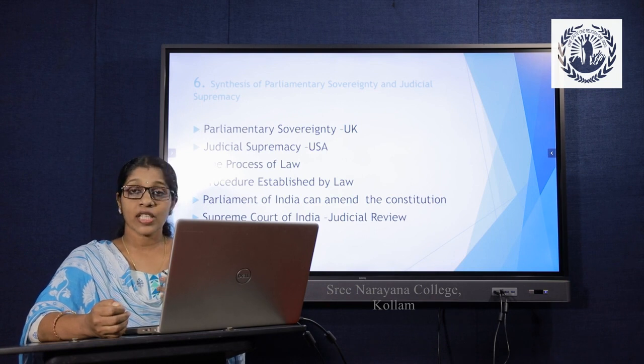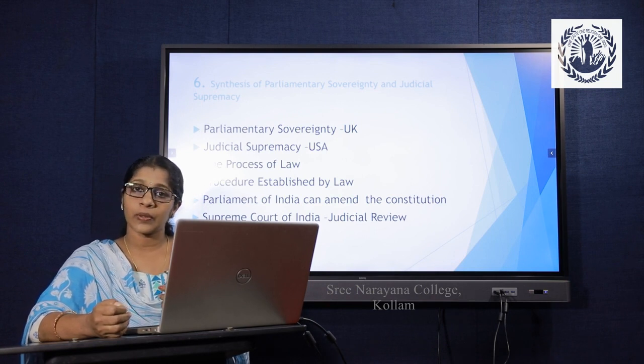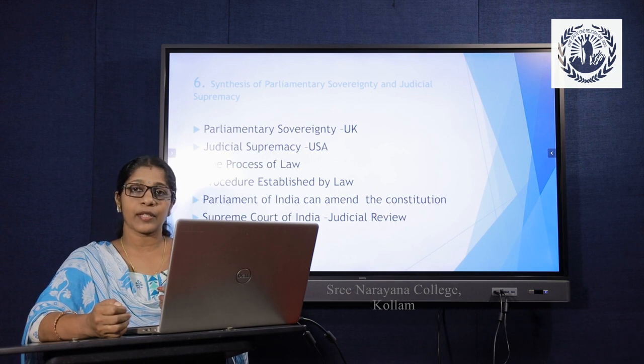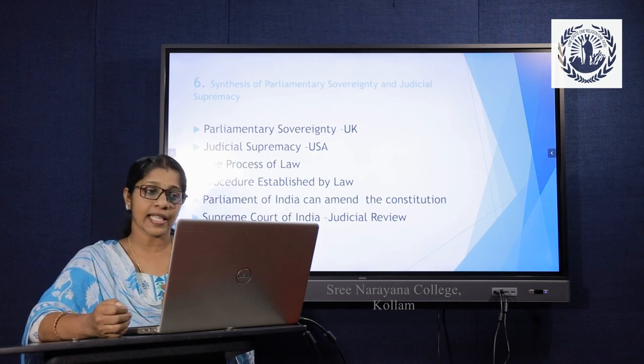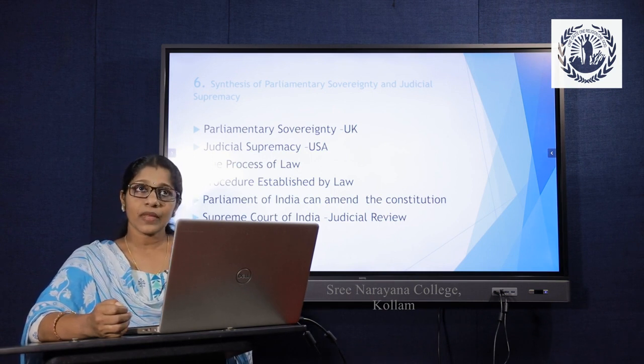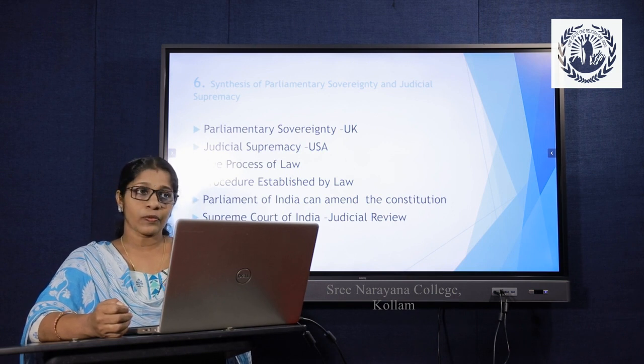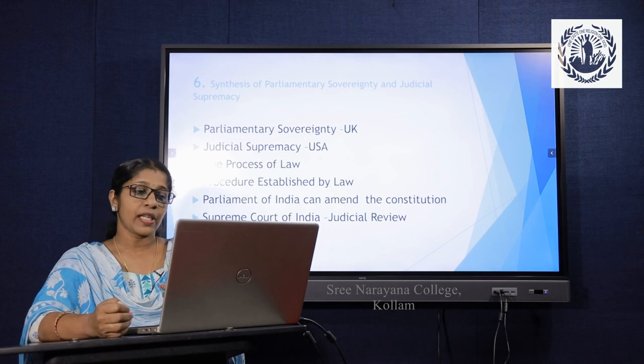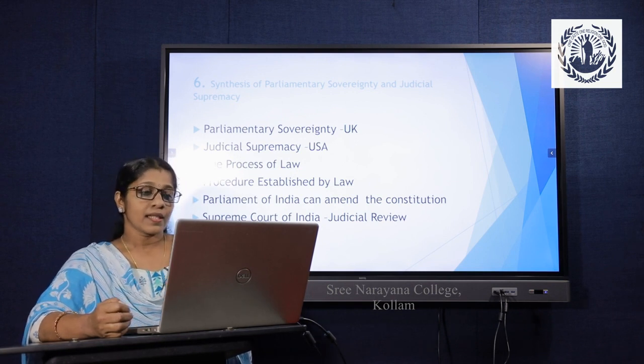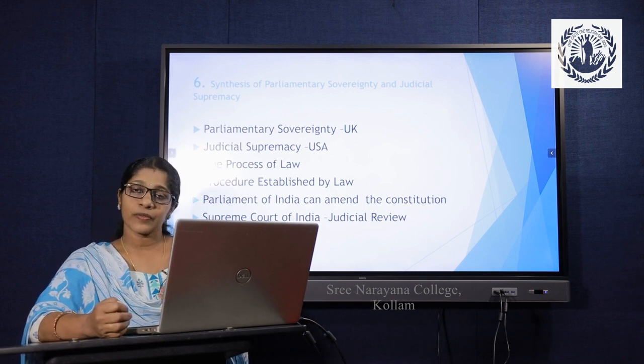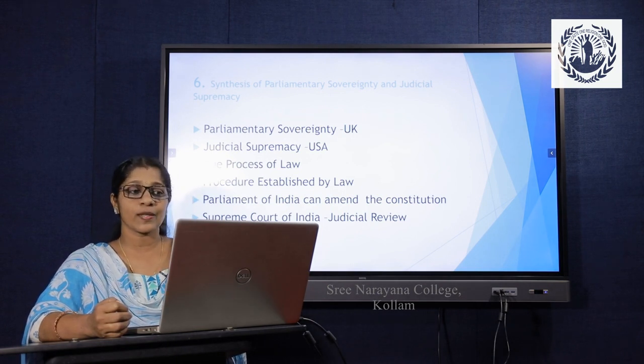And the scope of judicial review in India is narrower than that of judicial review in USA. That is because in USA there is due process of law, and in India we are following procedure established by law. So we have adopted the synthesis of these two characteristics, that is the parliamentary sovereignty and the judicial supremacy.